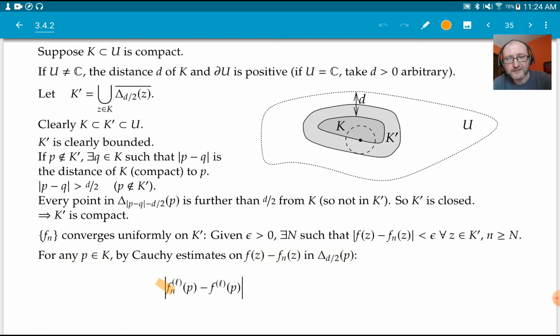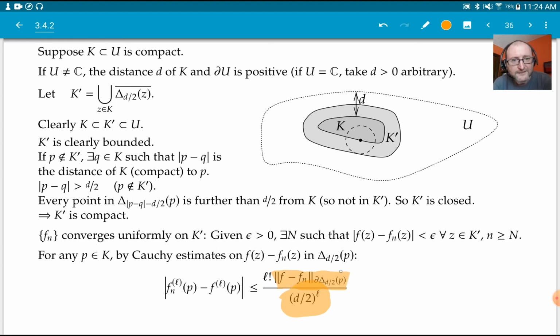So that means that the Lth derivative of this function can be bounded. These are the Cauchy estimates. The size of the disk to the Lth power, and there's this L factorial in the denominator here, so I'm just moving it to the other side.